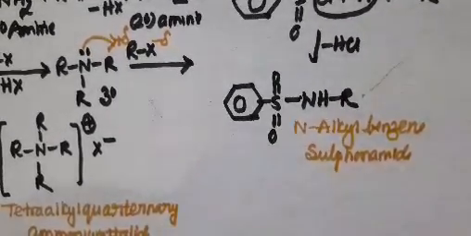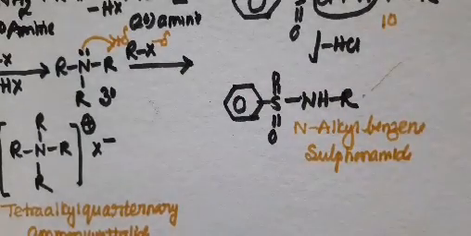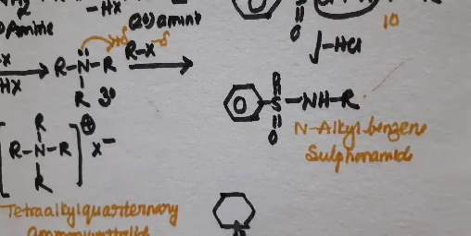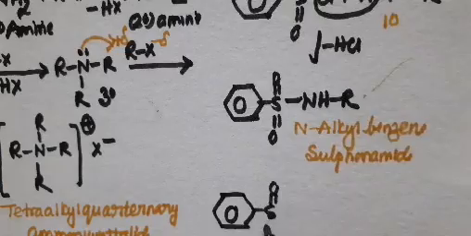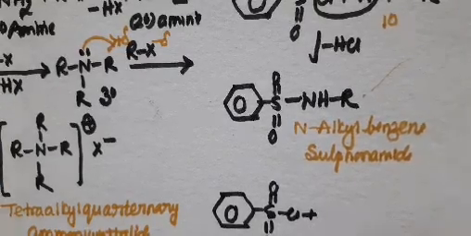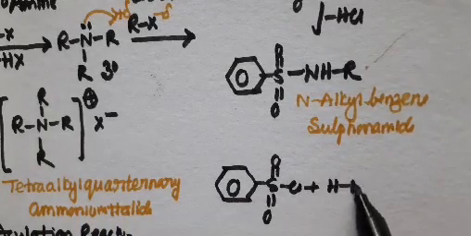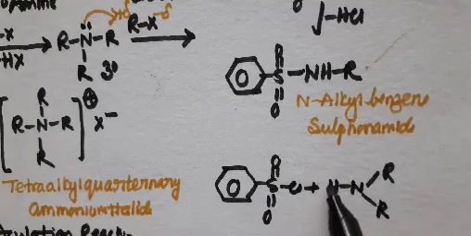Similarly, we can choose a 2 degree amine. First we write the Hinsberg reagent, and the 2 degree amine can be written like this.